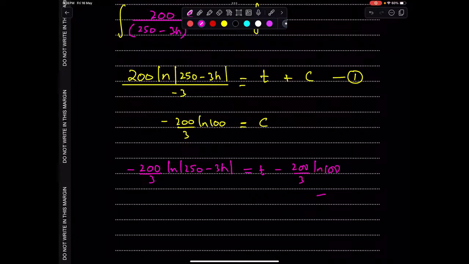Now bring this term on the left side. So we can say t is equal to minus 200 upon 3 ln 250 minus 3h plus 200 upon 3 ln 100.